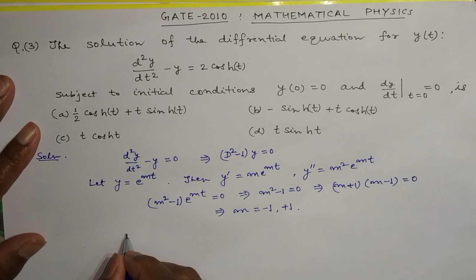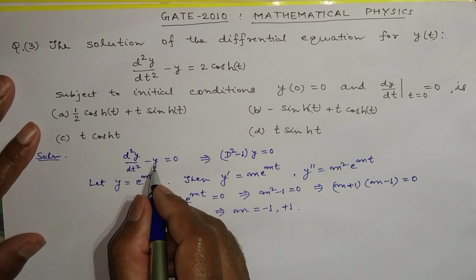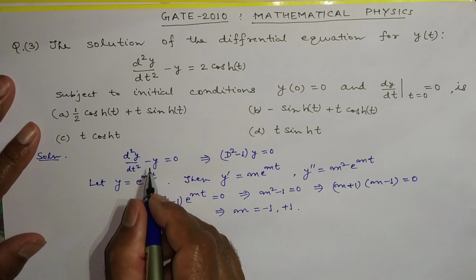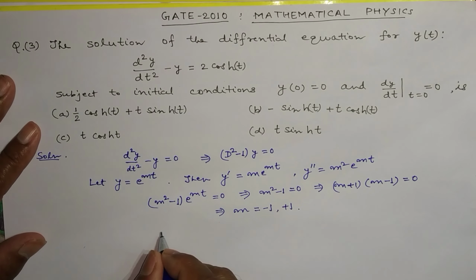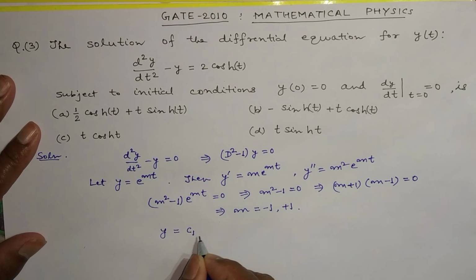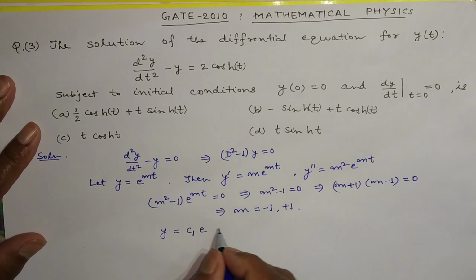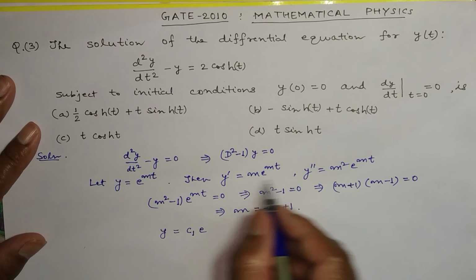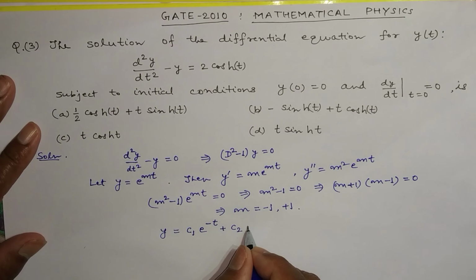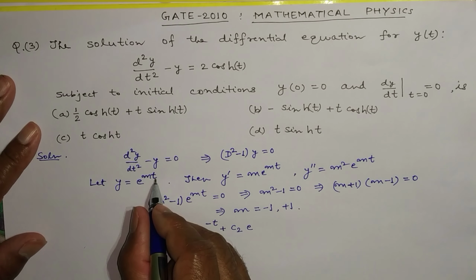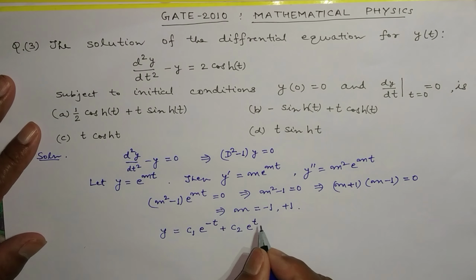So the solution of this complementary equation, which is homogeneous in nature, may be written as y equals c1 e raised to mt. So it is c1 e raised to minus t, minus 1 multiplied by t, plus c2 e raised to plus 1 multiplied by t, it is t.